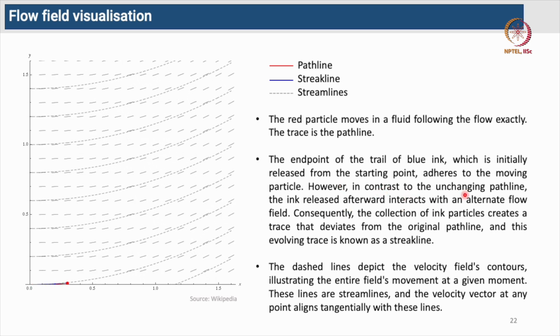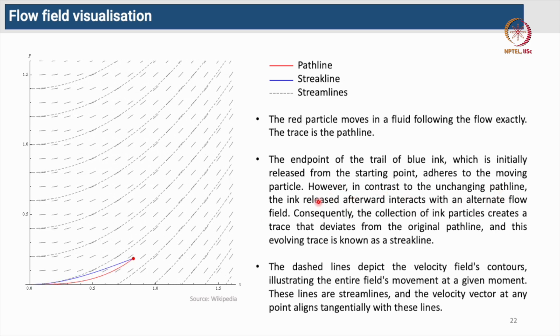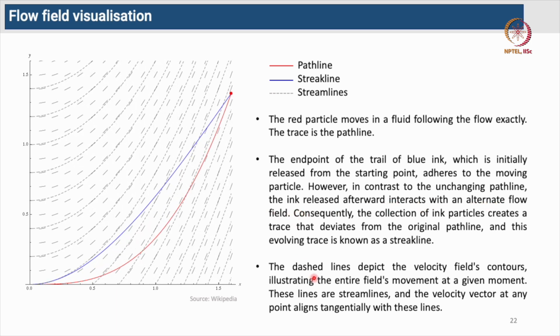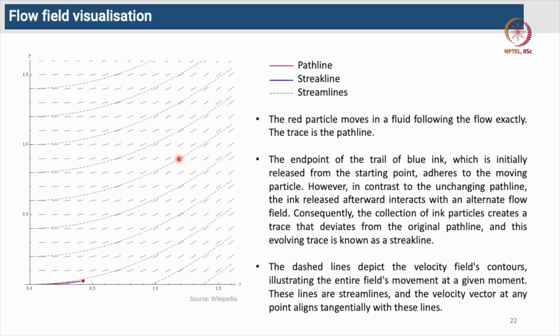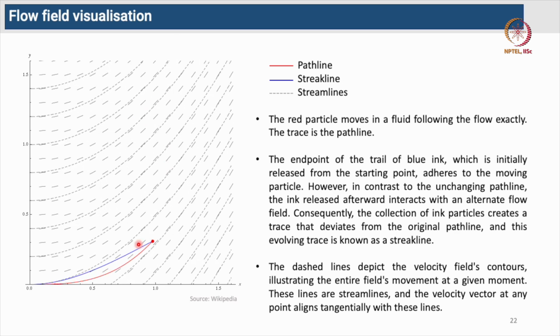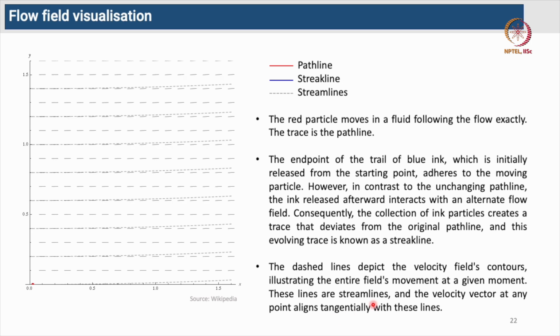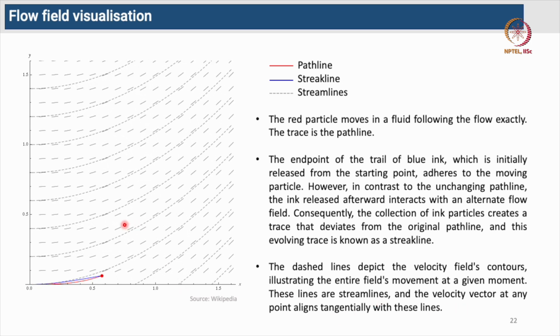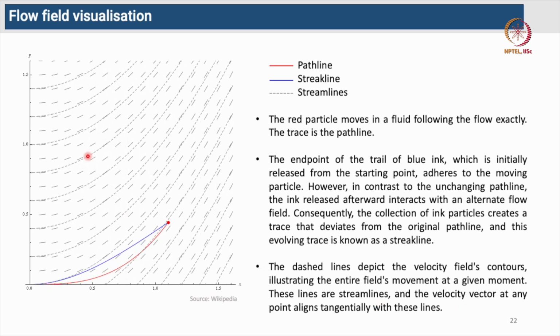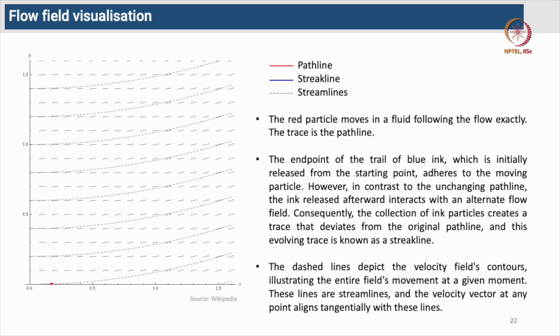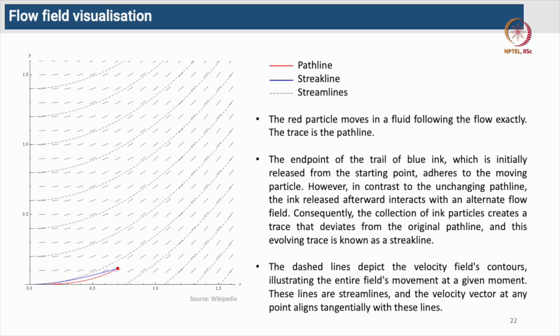However, in contrast to the unchanging path line, the ink released afterwards interacts with an alternate flow field. Okay, so the dashed lines represent the velocity contours, illustrating the entire field's movement at any given point. So these lines are streamlines, and the velocity at any point is tangential to the streamlines. So this is just a demonstration of how the path line, the streamlines and the streak lines actually vary from one another.